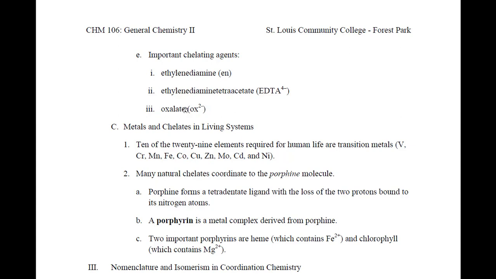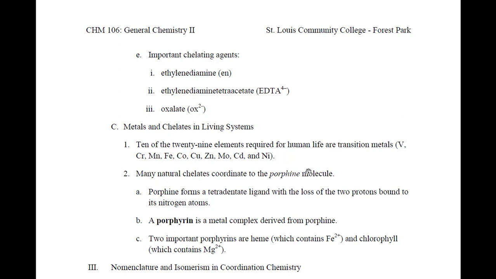Oxalate is one of the polyatomic ions you should have memorized a long time ago. And the abbreviations that we use in coordination chemistry for ethylene diamine is EN. So if you see an EN, especially in parentheses, that is referring to ethylene diamine. Or if you see OX, that's referring to oxalate. EDTA, of course, is obvious, referring to ethylene diamine tetraacetate.